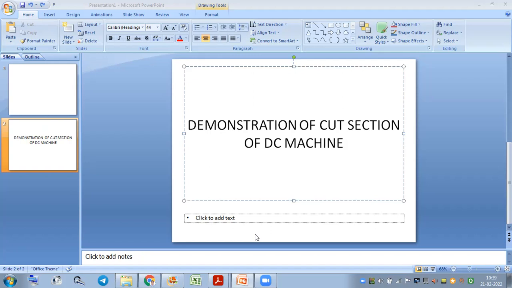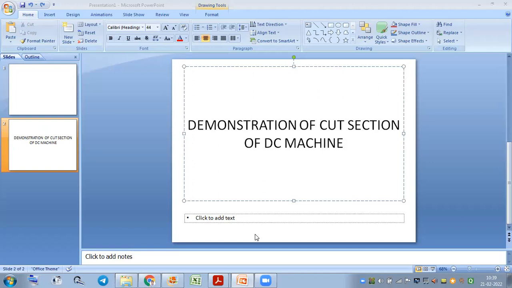What do you mean by the demonstration of the cutoff section of the machine? When we read about the various types of machines like DC machine, induction machine, synchronous machine, we read everything theoretically.